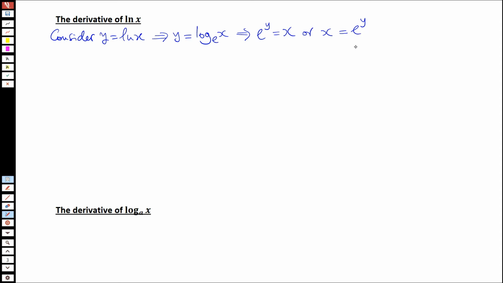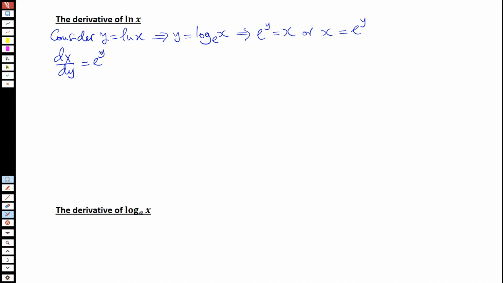So x is equal to e to power y, so it's just written in terms of y. The variable here is y, so we can differentiate it with respect to y. So dx over dy will be equal to, because it's e to power y, the derivative of e to power something is just that. So this will be equal to e to power y.